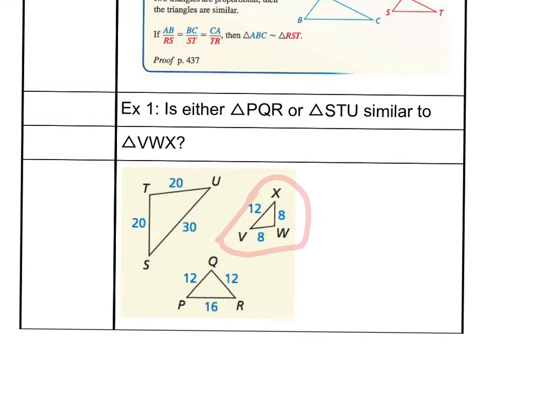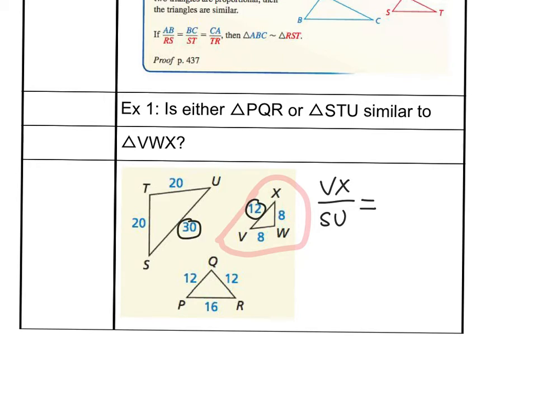So let's compare it to the larger triangle first. I'm going to say VX, which is the longest side of that triangle, over SU. So I'm taking the longest side of this triangle and the longest side of this triangle, and I'm going to compare it to the other two sides.